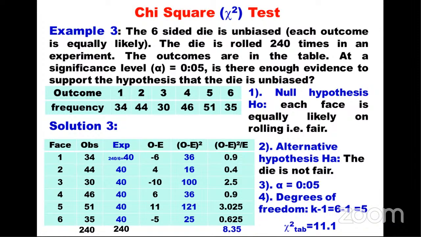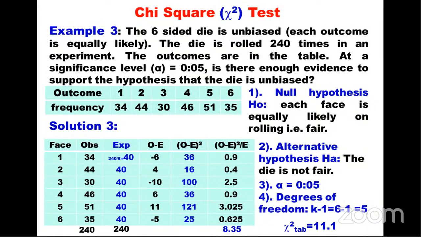Example third, a six-sided die is unbiased. Each outcome is equally likely. So probability of 1 is 1 by 6, probability of 2 is also 1 by 6. The die is rolled 240 times in an experiment, and how many times the outputs 1, 2, 3, 4 occur is tabulated.